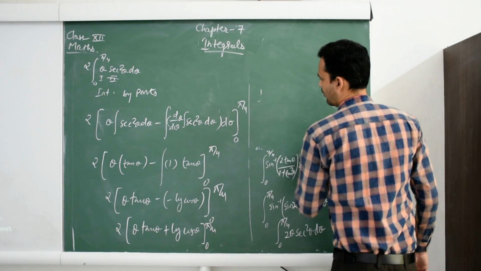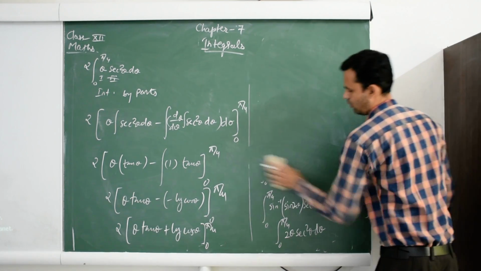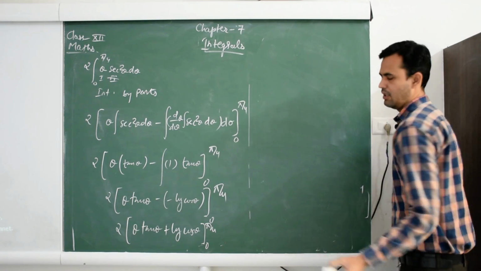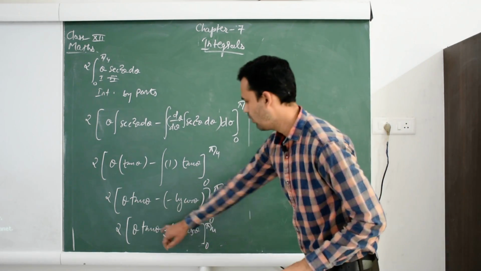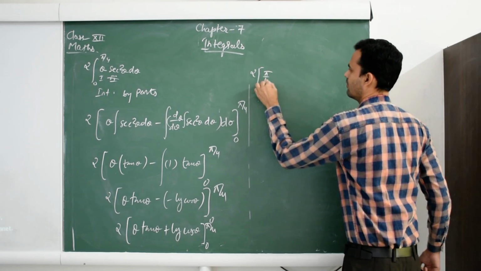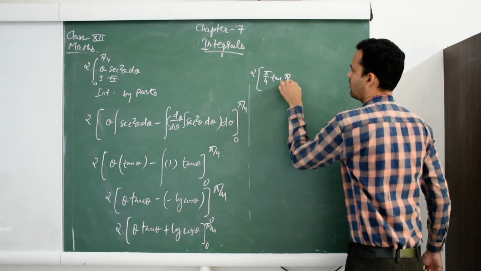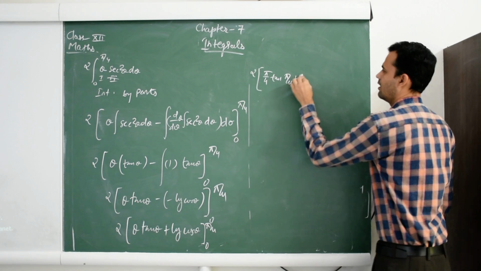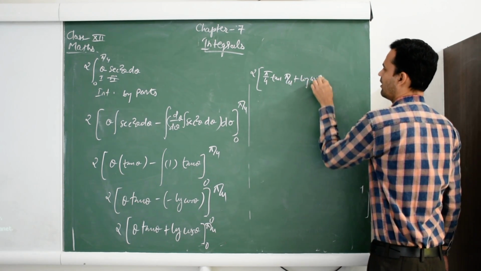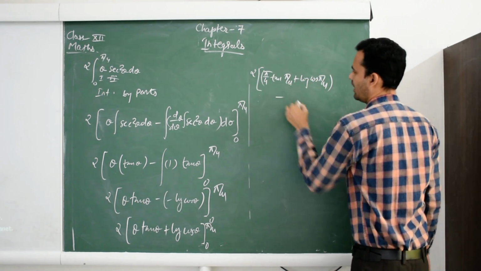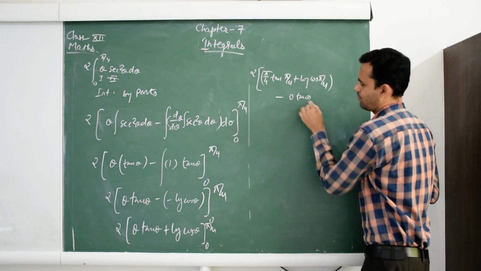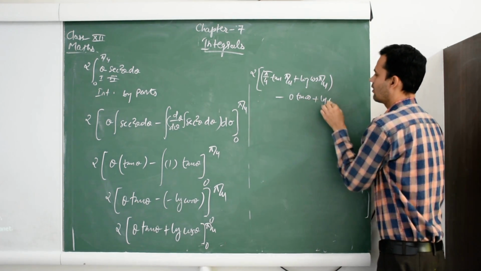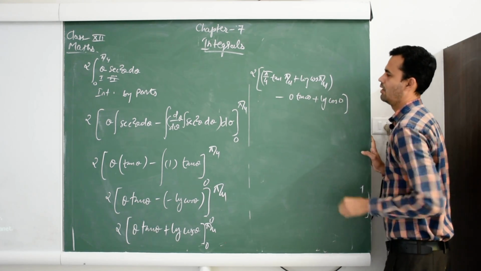Now we put the limits, lower limit and upper limit. First the upper limit pi by 4: pi by 4 tan pi by 4 plus log cos pi by 4, minus the lower limit, which is 0 times tan 0 plus log cos 0.